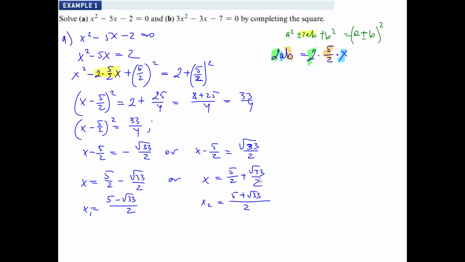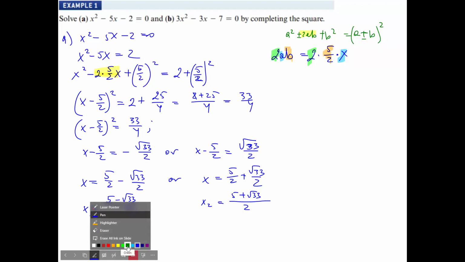Okay, let's try to plug in the values. Let's calculate. Let's make it easier for us. So here I have x1 is negative 0.3723.